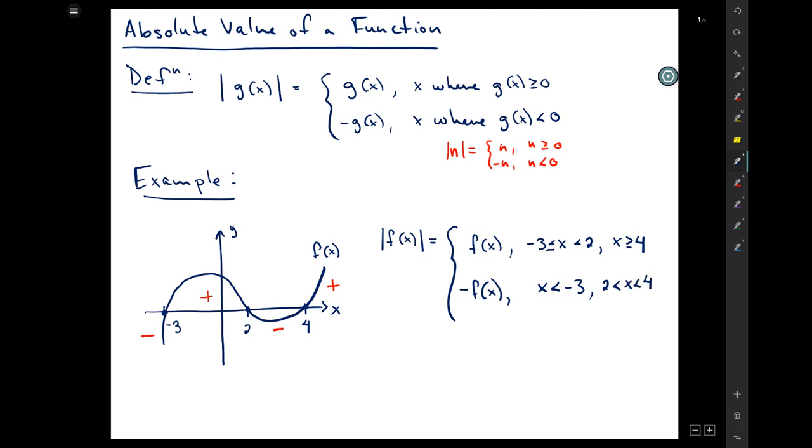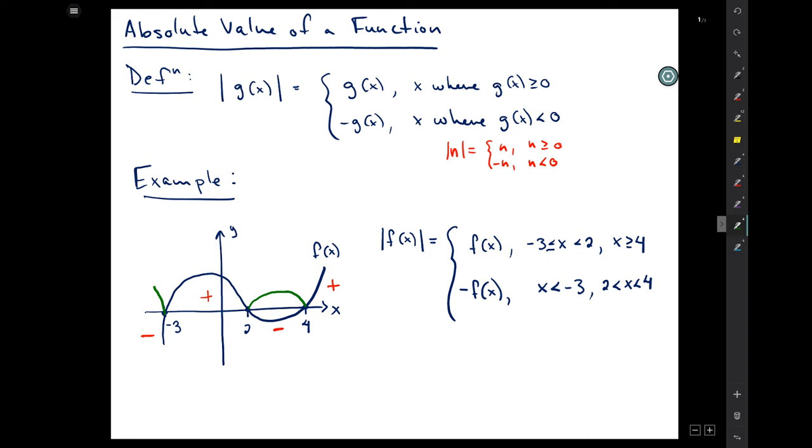So that is how I would actually take the absolute value of f of x, and what that is doing, if I want to think about graphing it, is all of the bits of this function that were originally below the axis get reflected above the axis. So this part down here that was below the axis from minus 3 to the left gets reflected up, and also this part from 2 to 4 gets reflected up.